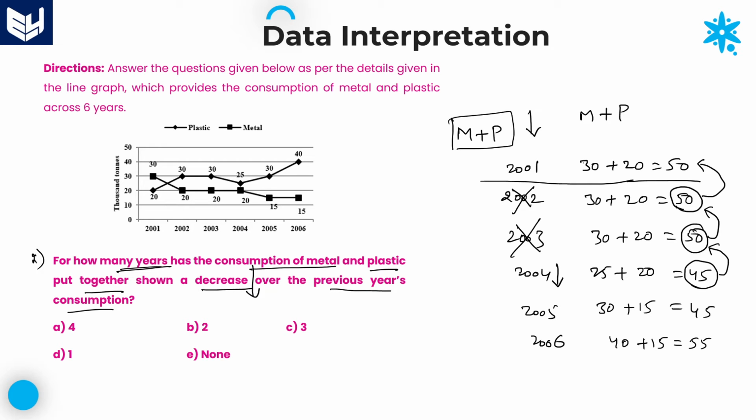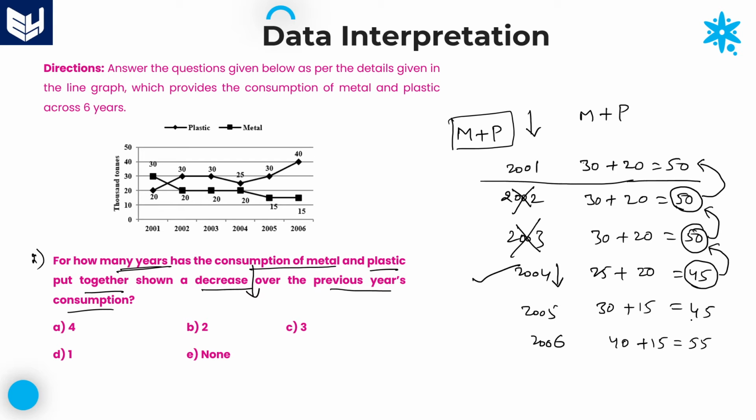So you can count 2004. In 2004, the consumption of metal and plastic together is less compared with the previous year 2003. So this is true for 2004.